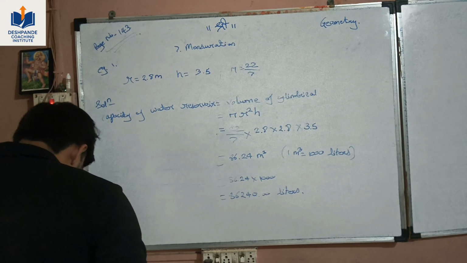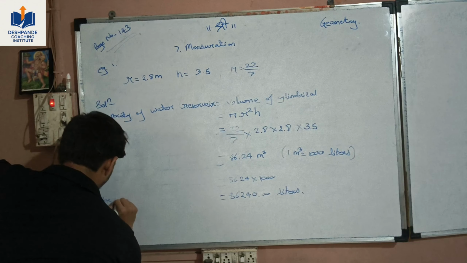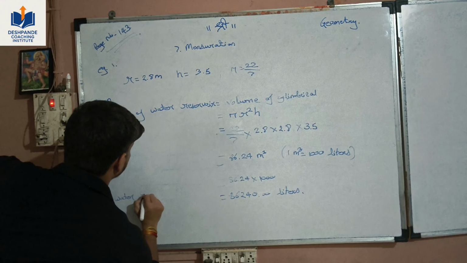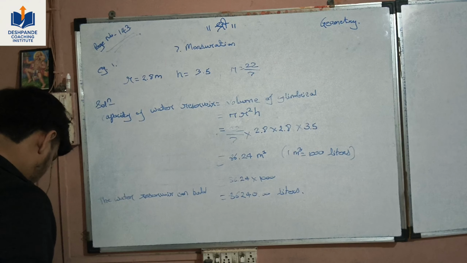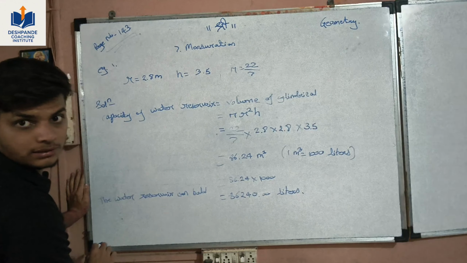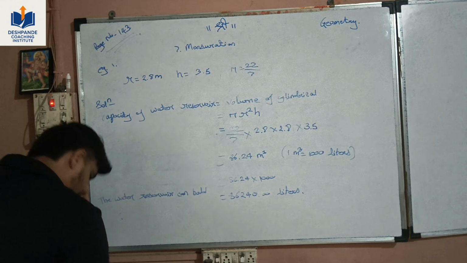The water reservoir can hold 86,240 liters. The daily requirement of water of a person is 70 liters. Therefore, the water in the tank is sufficient for how many persons?